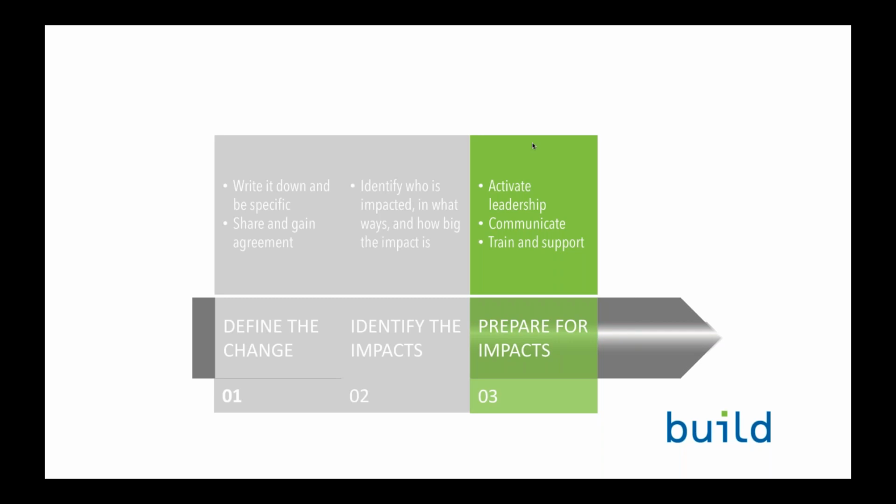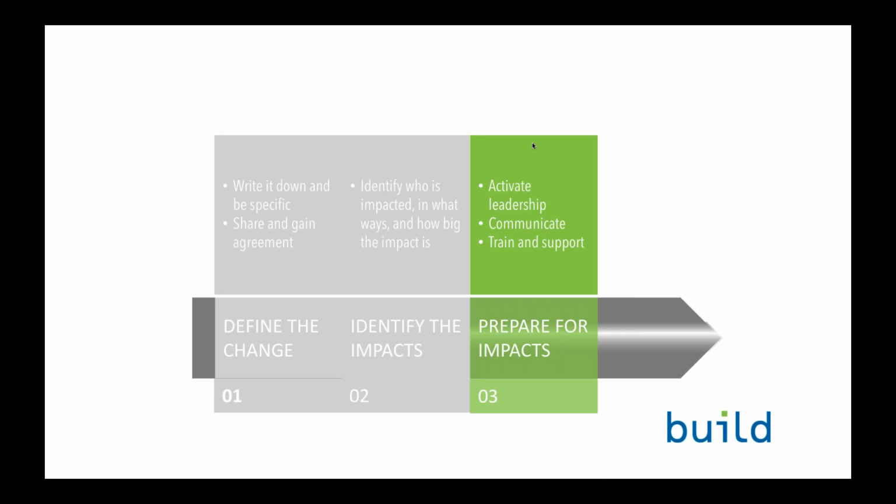And there's 3 of those strategies listed here, which we talk about. First is about activating leadership, which basically just means ensuring that your leadership is prepared to be cheerleaders, supporters, funders, and users of the system or other changes that you're putting into place. Second, you need to determine who needs to know about this and be communicated with about it, what the messages should be, and when and through what mechanisms.